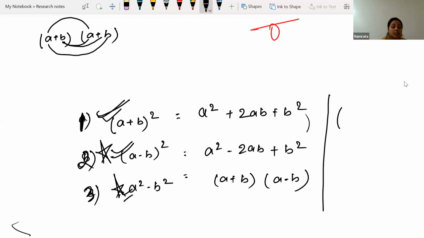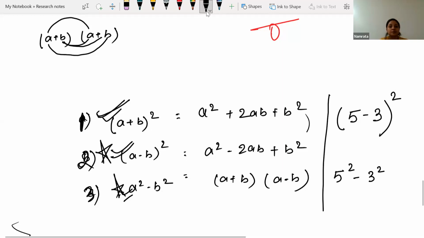That means if a is a number, let's say 5, minus b, a number, let's say 3, then bracket and then square. Whereas number 3 says a square minus b square. Now you do the calculation and check it.